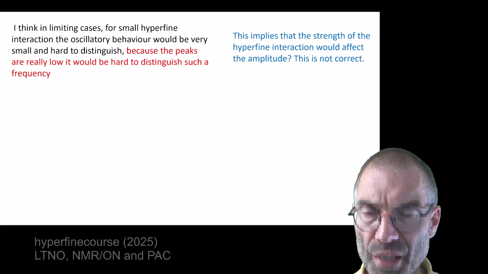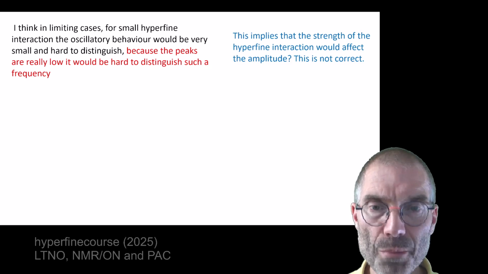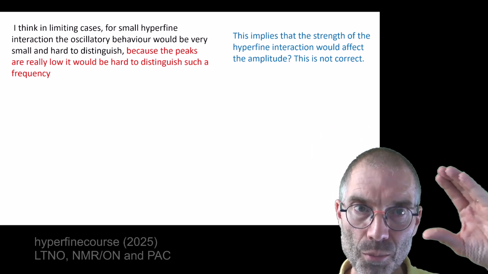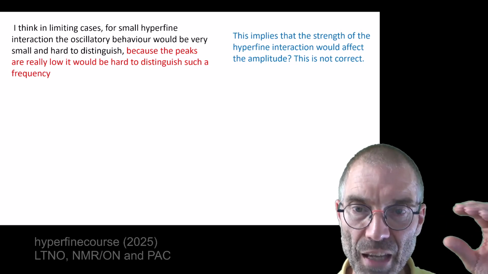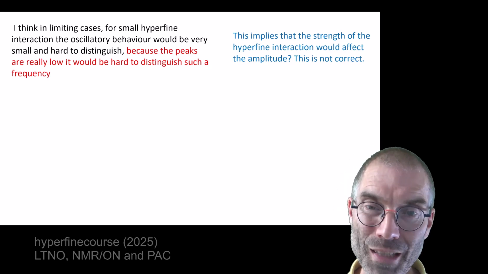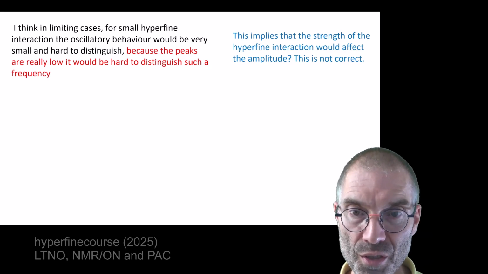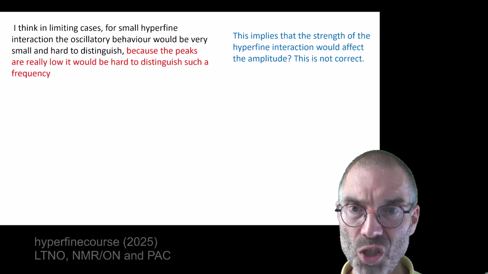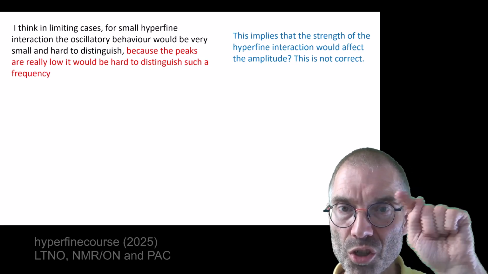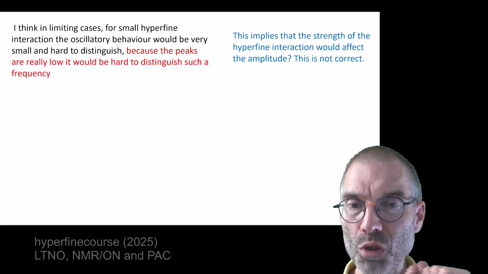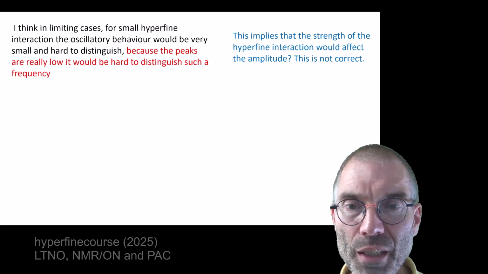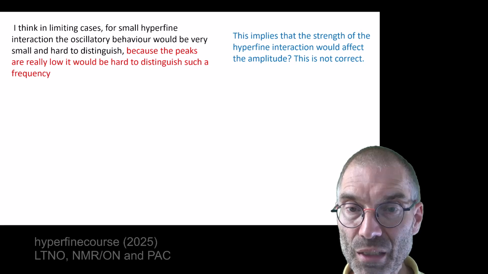If I interpret this answer as it was meant, you mean that the amplitude of the oscillation becomes small and that therefore it is difficult to measure the frequency. That is not what happens, because think about these two pictures. A small hyperfine field means a very slow rotation, very slow precession of the nuclear spins, and therefore it's not the amplitude that is affected, it's the frequency itself.